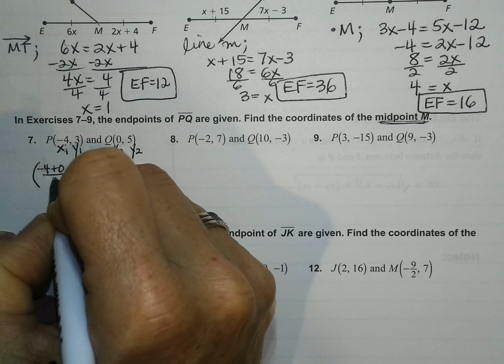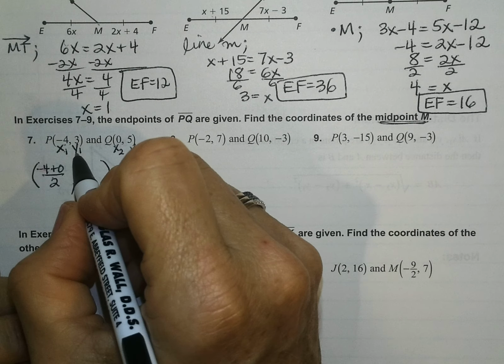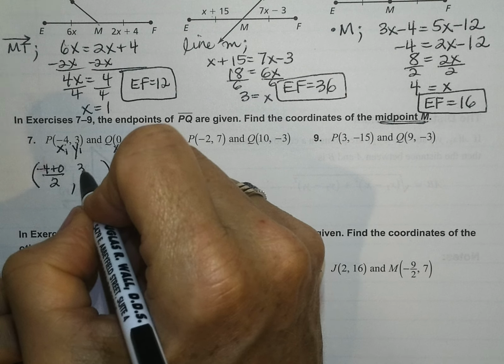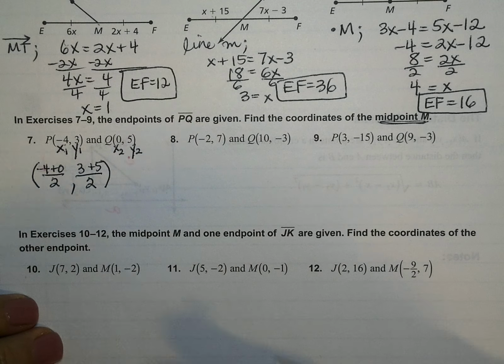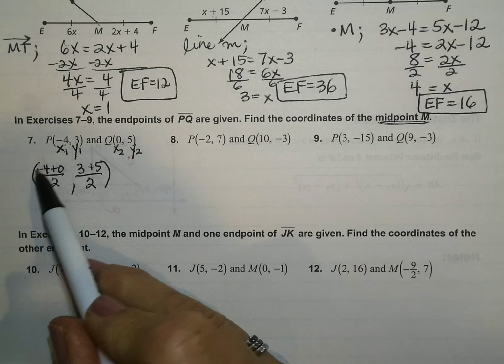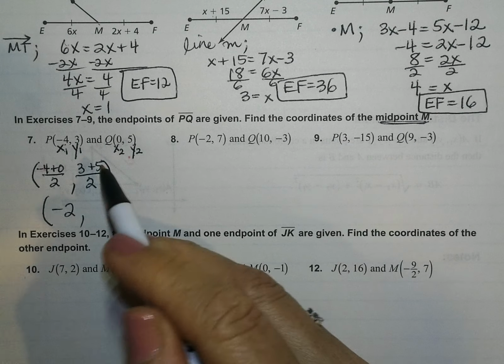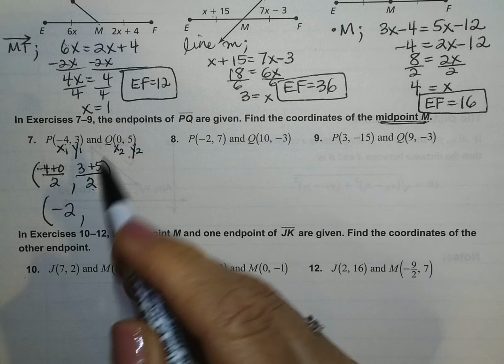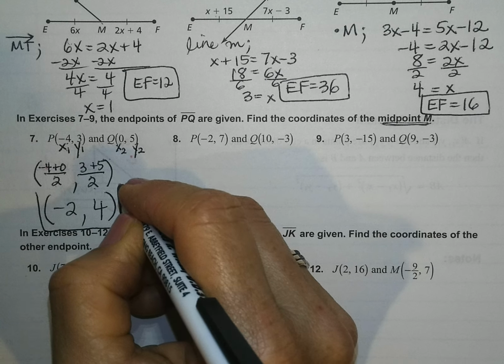and divide by 2, I will get the x. And then if I add the y's together and divide by 2, I will get the y. So then this is negative 4 divided by 2, that's negative 2, comma, this is 8 divided by 2, that's 4. That's my final answer.